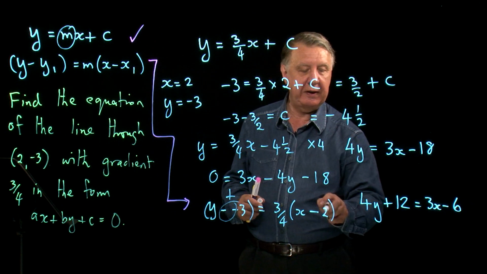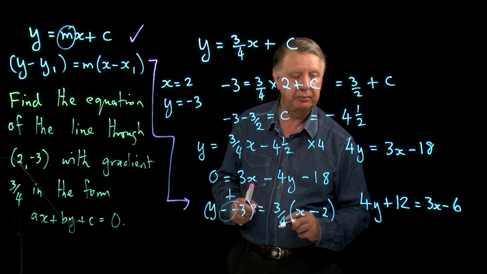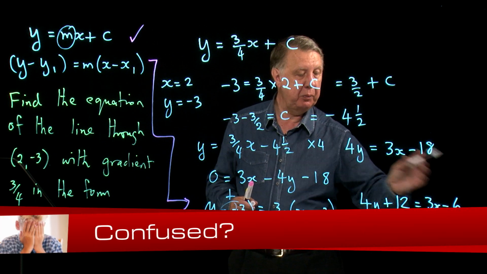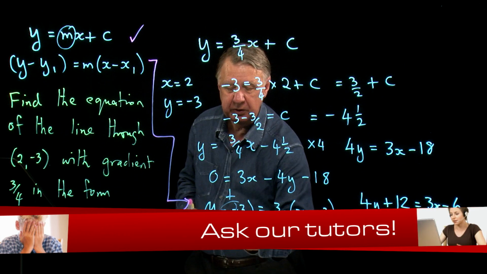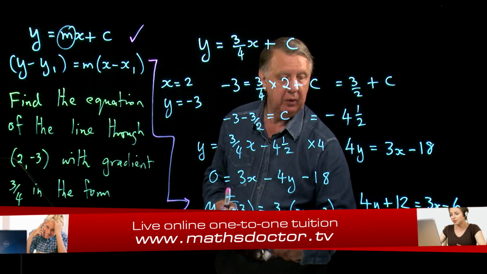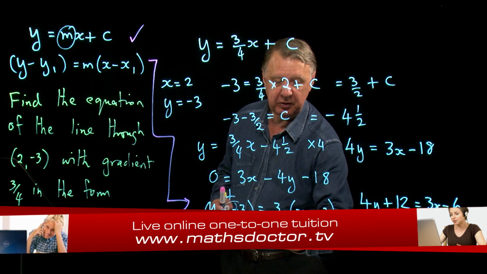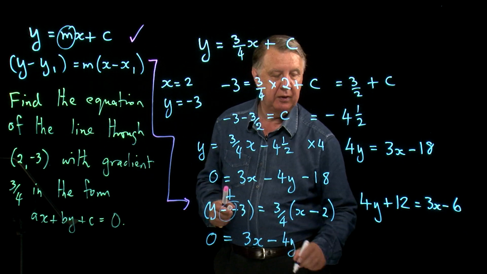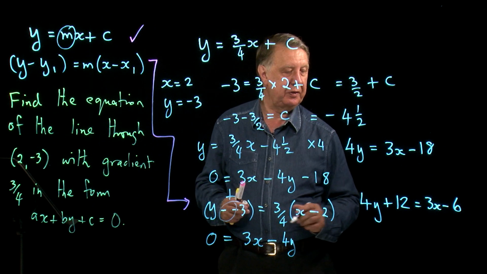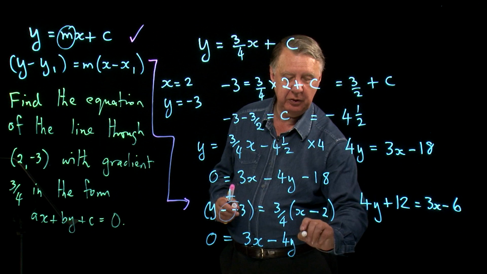A very common mistake is to leave that as 2. And I'm nearly there, because everything we'll put onto this side. So 0 equals 3x is there, okay, that's fine. Take 4y, and plus 12 will go over and become negative 12.